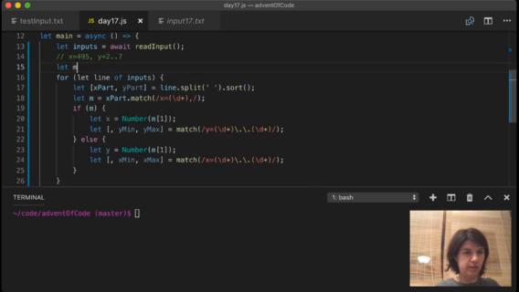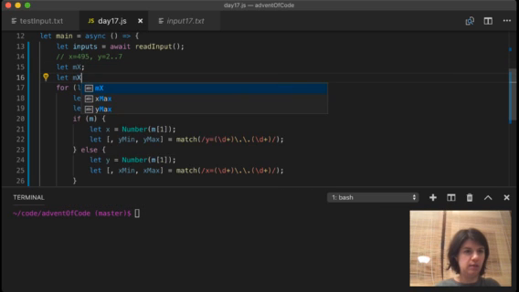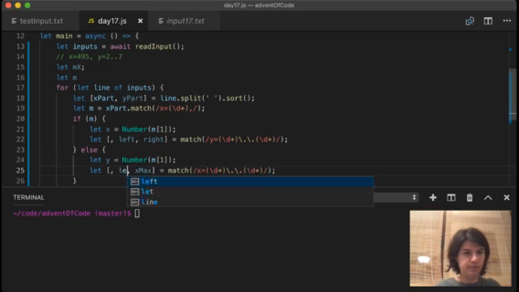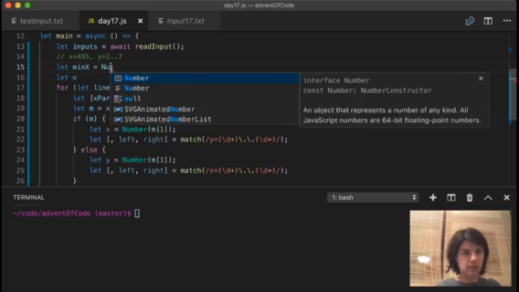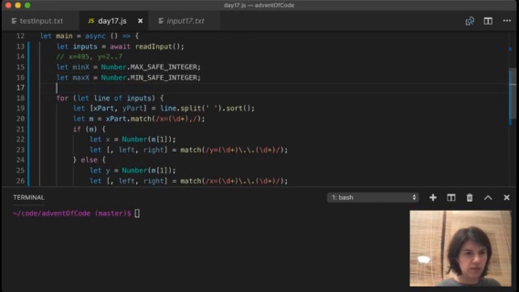So let minimum x, let... Oh, that's not gonna work. So this is just the left and the right number. So we get a minimum x, which is Number.MAX_SAFE_INTEGER, and a maximum x, Number.MIN_SAFE_INTEGER.